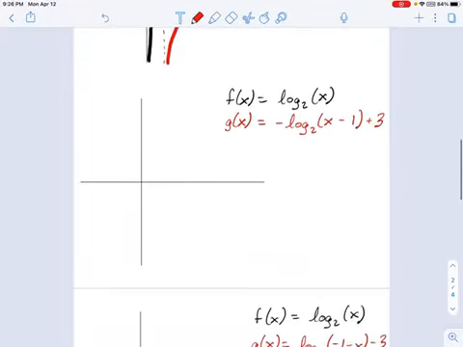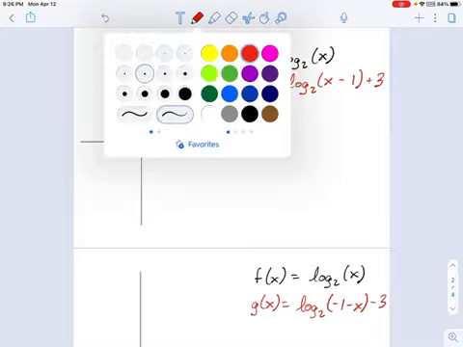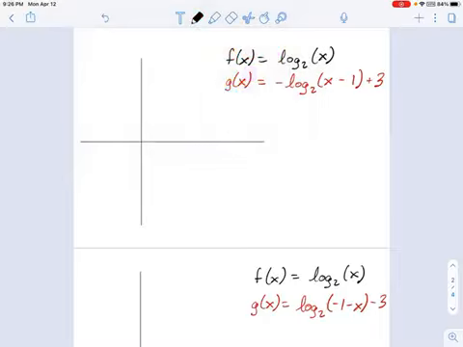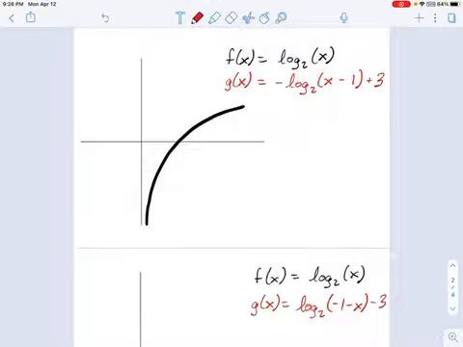Okay, so let's do another example. In this one, and again, I'll just get my parent function on here. It's log base 2 of x again. And what's happening in this transformation? It looks like I've got several things going on.